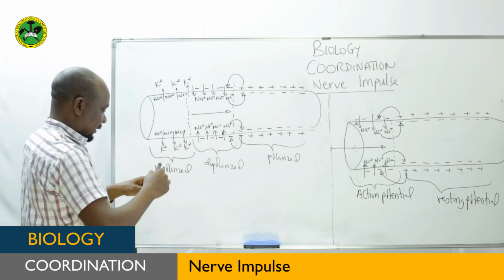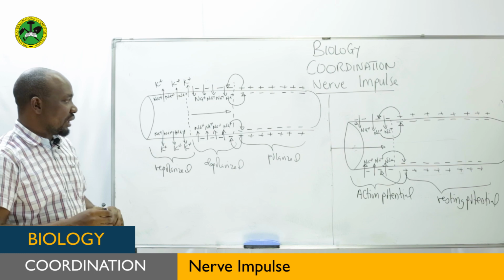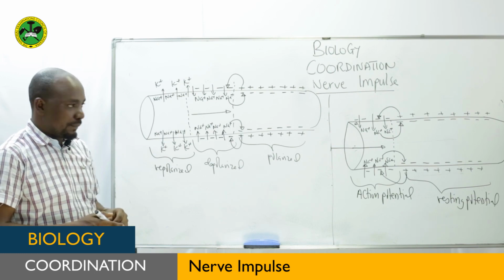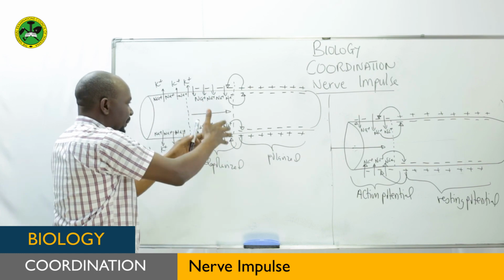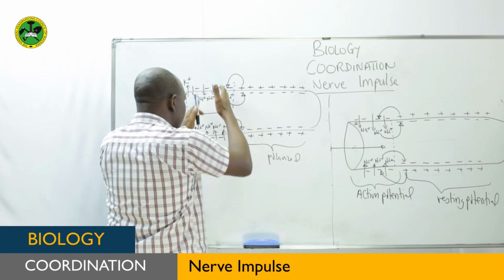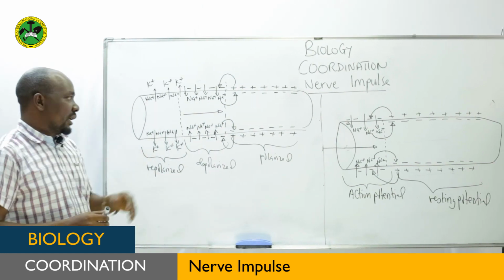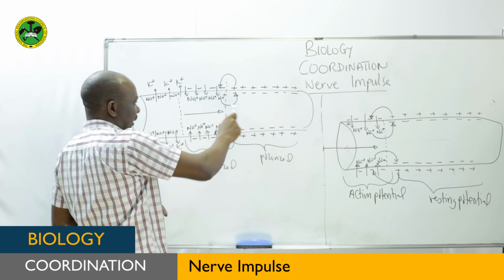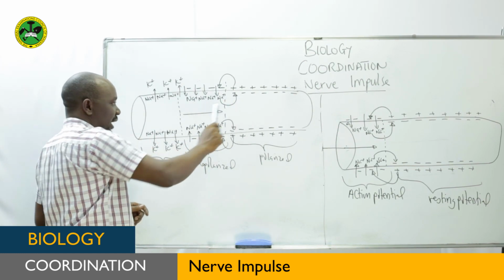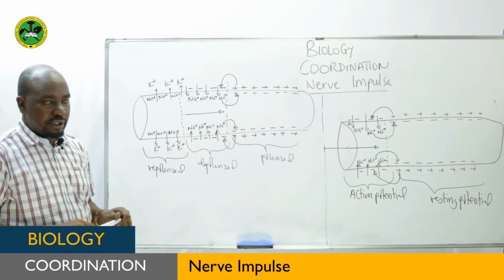This local circuit will induce a stimulation of the neighbor axon piece. Then the action potential, or the nerve impulse, will move from this part and run to the next. This will continue. When the action potential reaches here, then another local circuit is created.